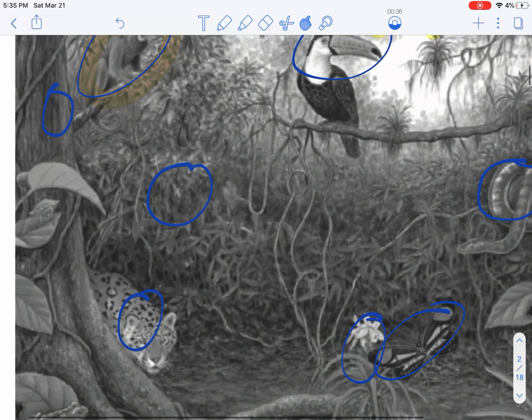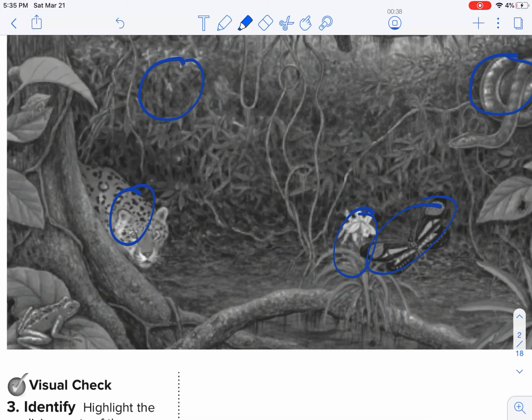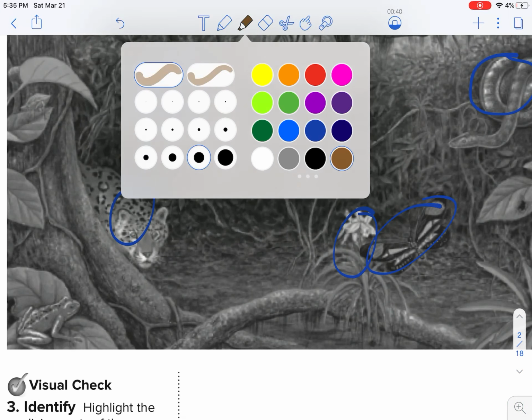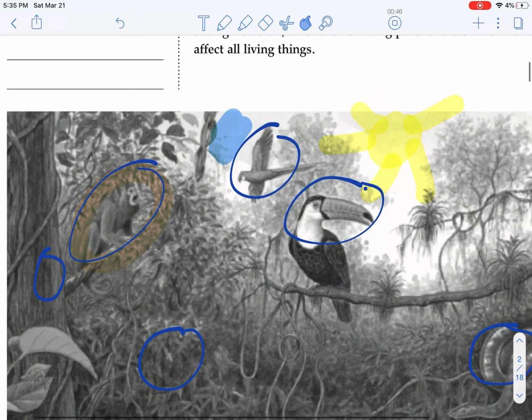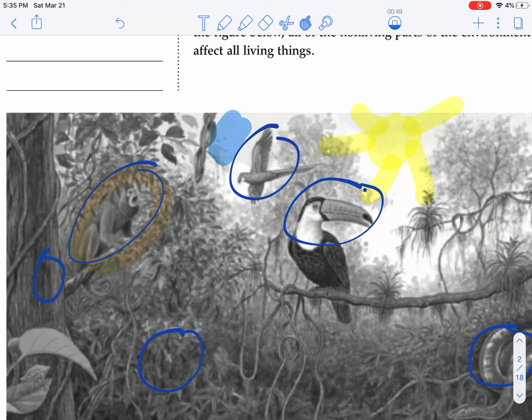We have the soil down here that the plants are using to set their roots in. Okay, we've got the temperature, whatever the temperature that suits this particular environment, that these organisms need to be successful. We don't see it in this particular picture, but we know that it's probably raining at some point here.